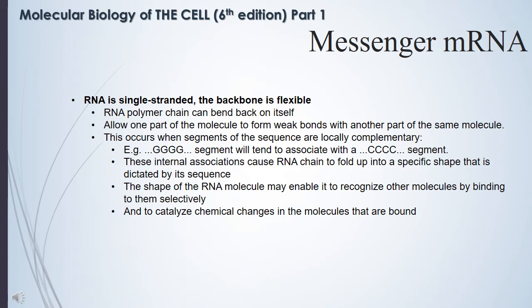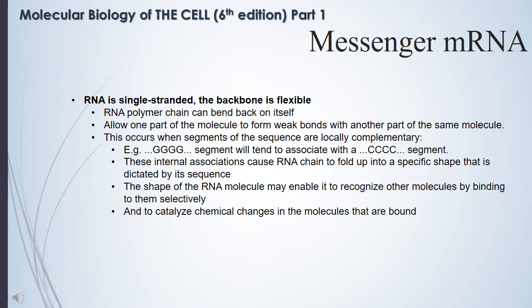So if there are complementary sequences within a single molecule, and a single molecule is flexible, for example, if we have a sequence of GGGG, it can make a bond with a CCCC segment.